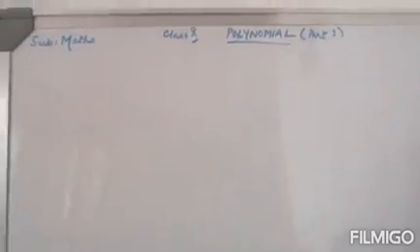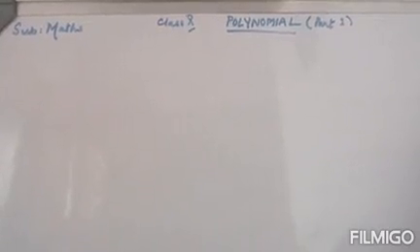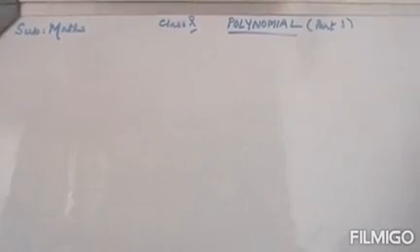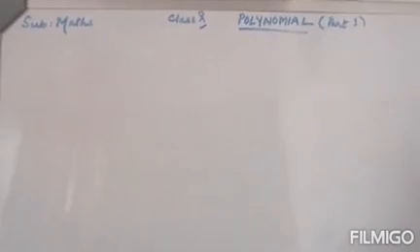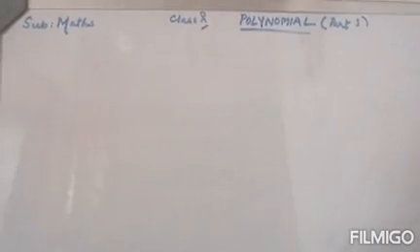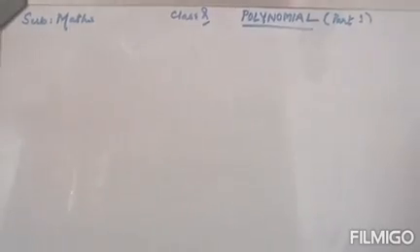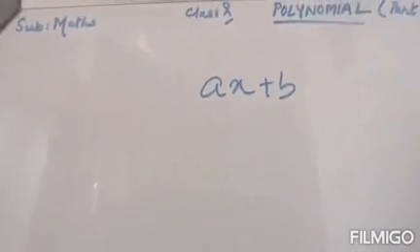Now let's find what is the meaning of zeros of polynomial. In a polynomial, we see how do we find it. Suppose I have a polynomial like ax plus b.